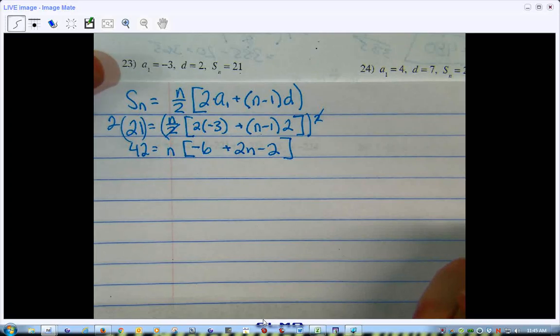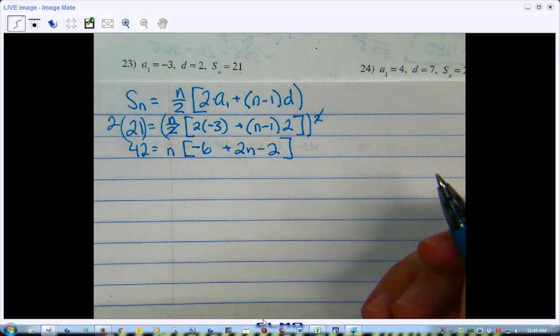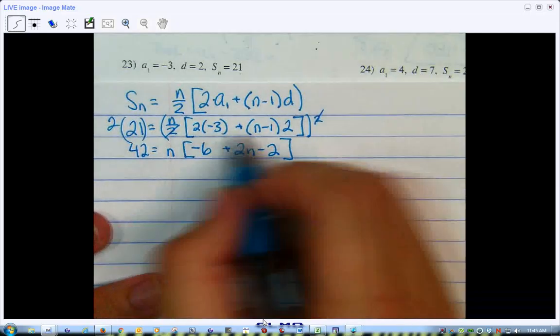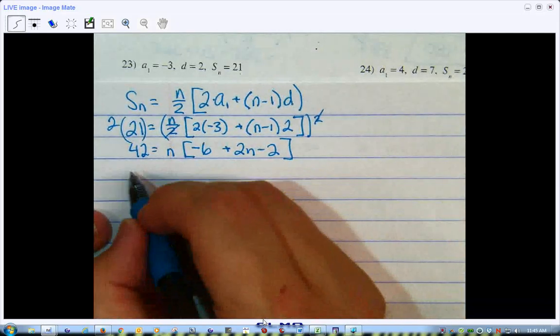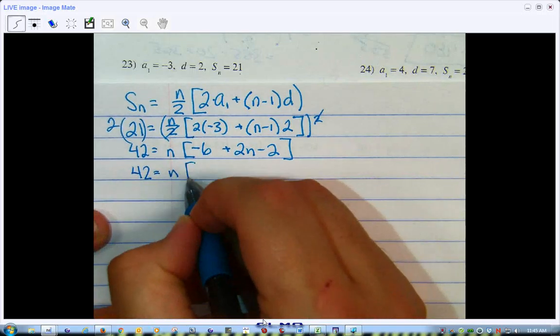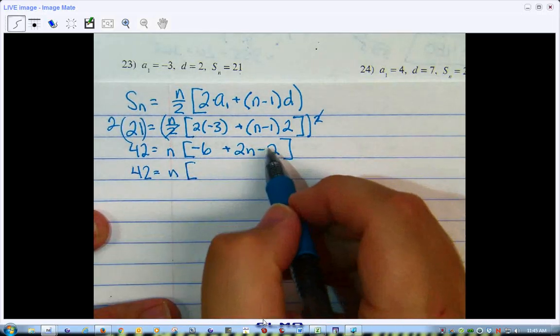We might have to do some factoring. That's no fun. All right, so in this case, I could simplify it a couple more steps. 42 is equal to n times the quantity of negative 6 minus 2 with 2n minus 8.